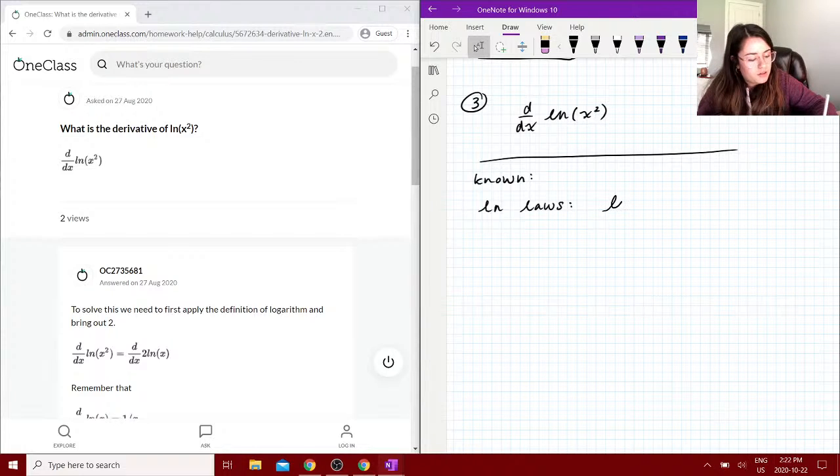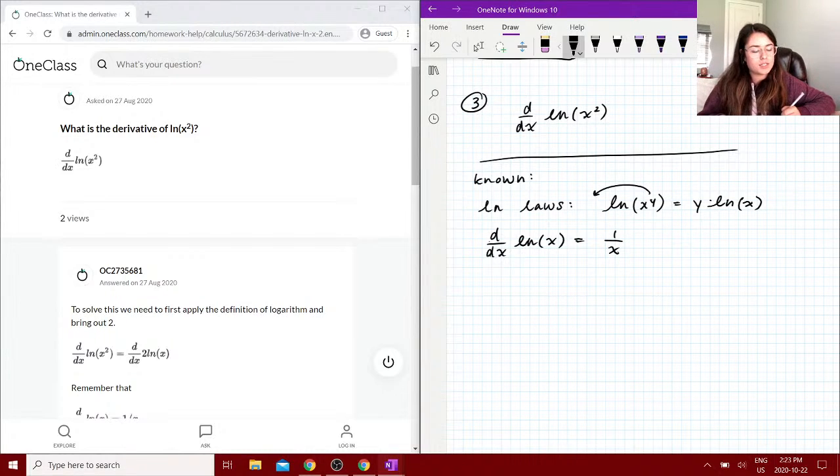That log law states that if you have ln x to the power y, you can basically take out this power, or the exponent, and put it out in front and multiply the log by it, okay? And then something else that we need to know is what the derivative of ln is. And this is just equal to 1 over x, okay?